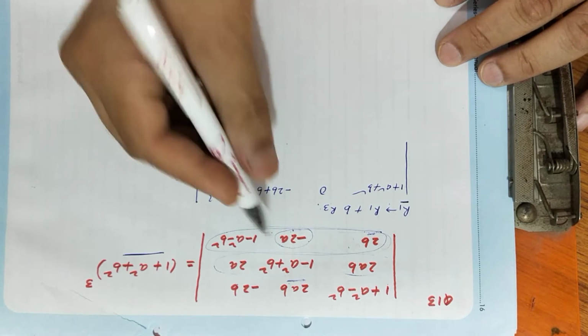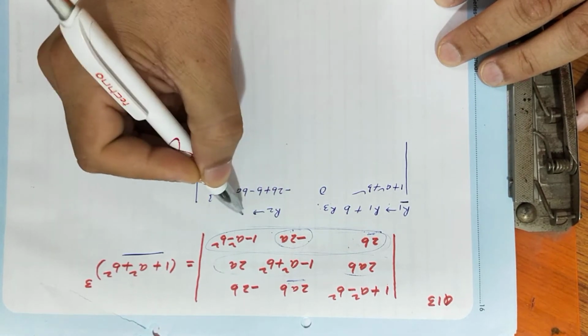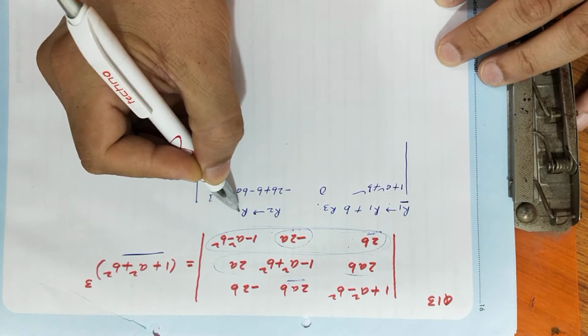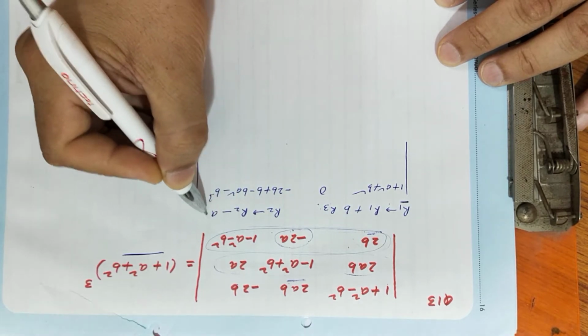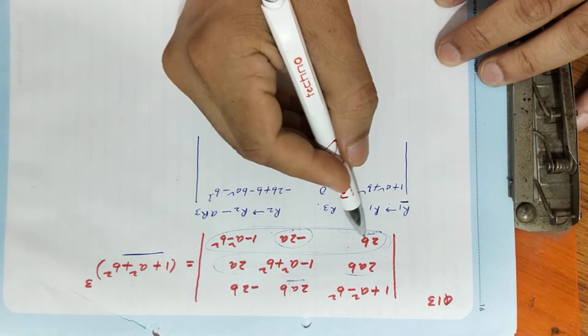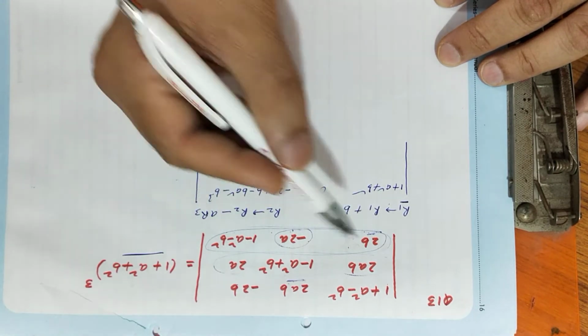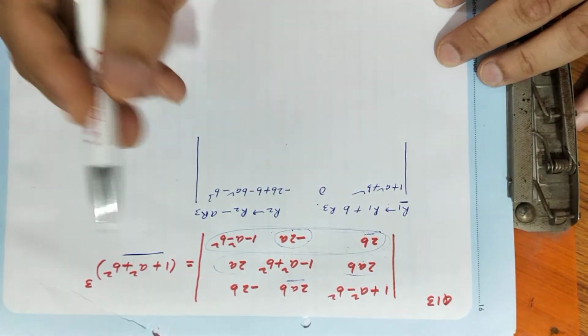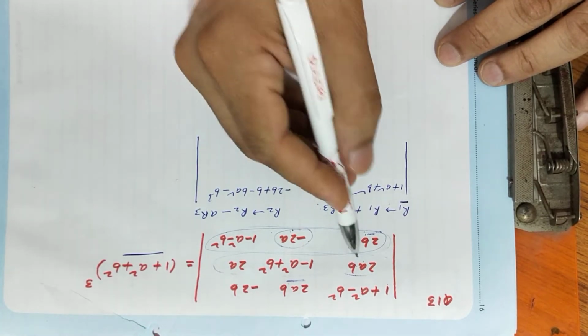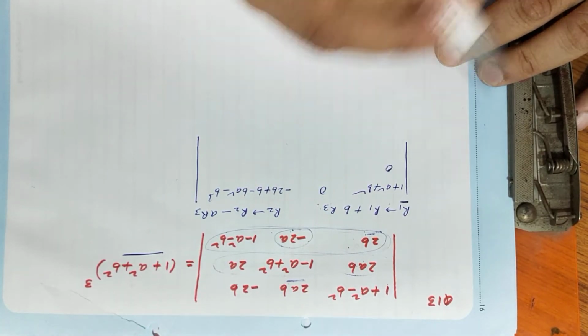Now we will apply this operation also here: R2 → R2 − aR3. We are multiplying R3 by a and subtracting it from this, then we can get 0. So there is a change in R2, 0 here.